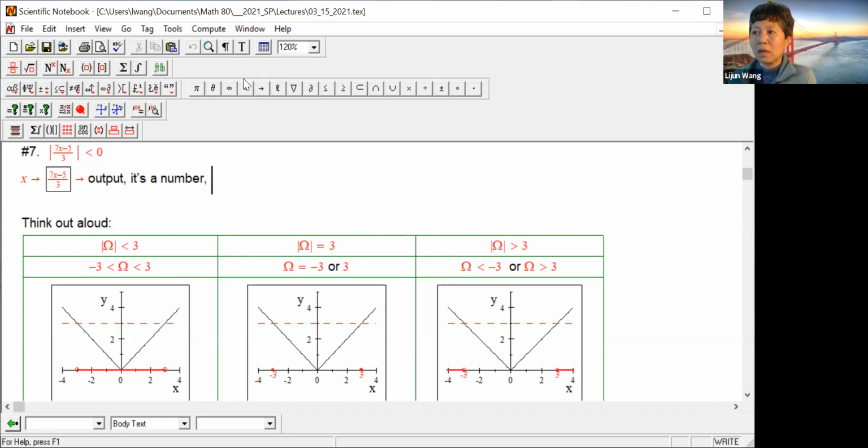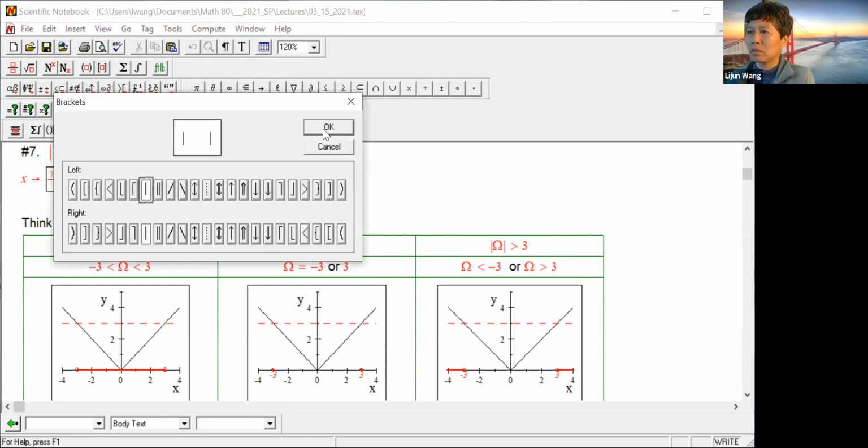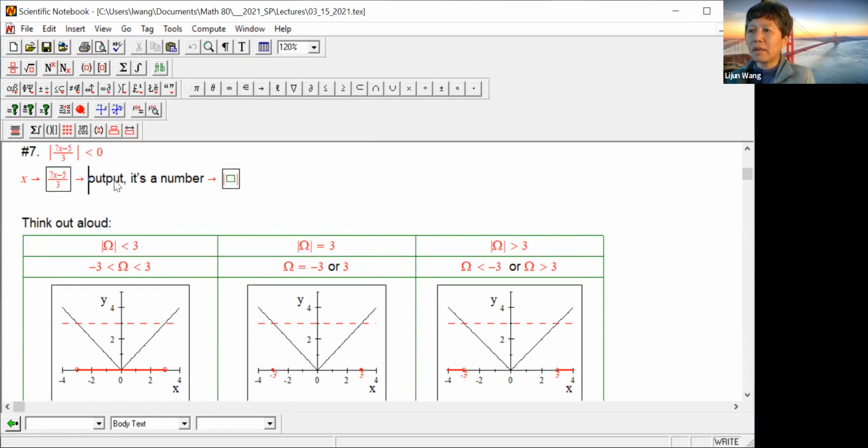And then this number continues to be taken absolute value. Whatever this output is, it will be taken as absolute value. And you want that output to be less than 0.